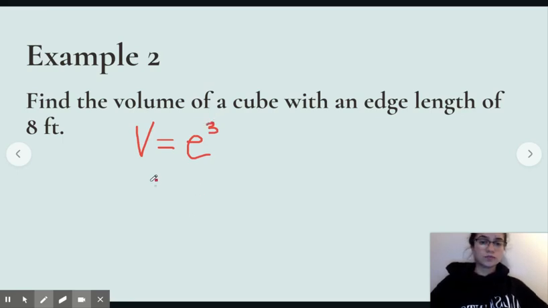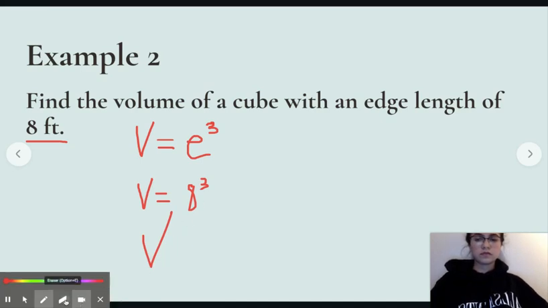E cubed, right? Volume equals e cubed. Volume equals, I know that e is 8, cubed.